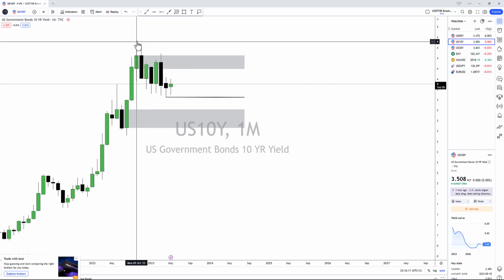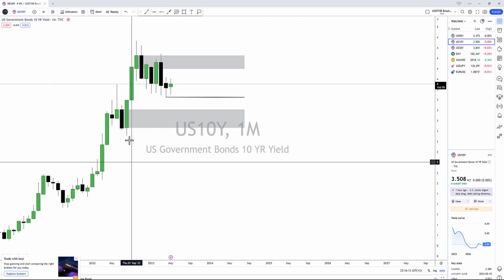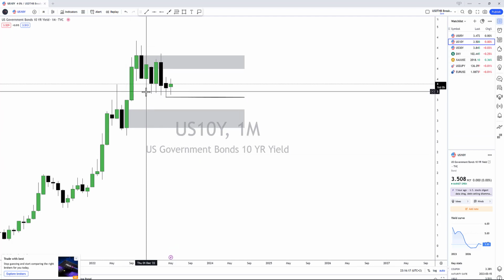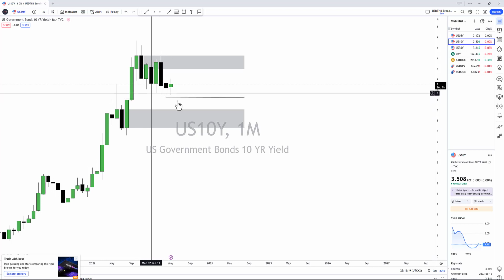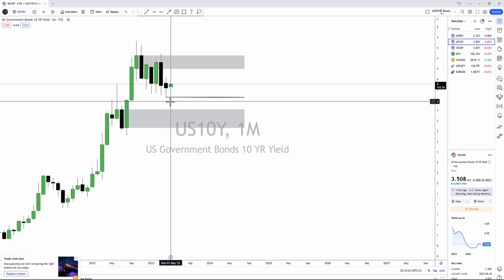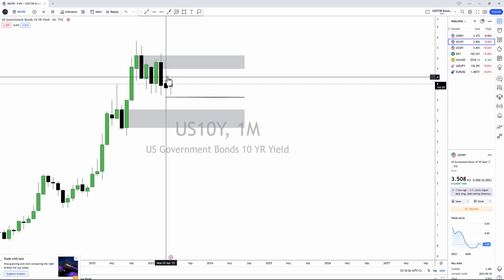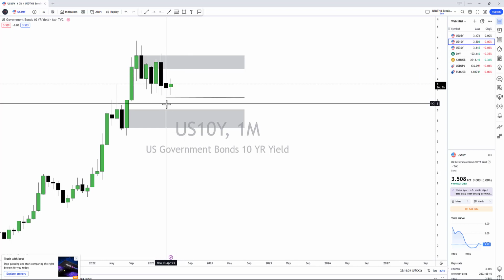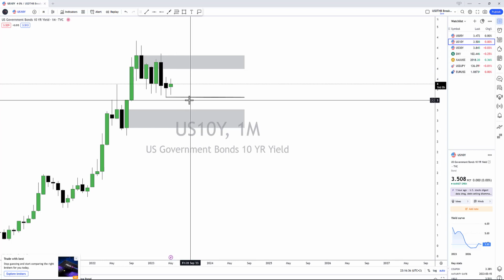So we've got external range buy stops, external range sell stops. Below these lows that are being created, we've got internal range liquidity in the form of sell stops. Above old highs, we've got internal range liquidity buy stops.